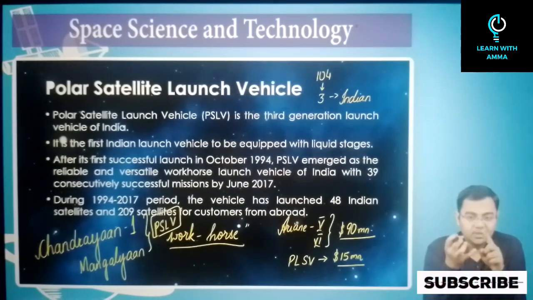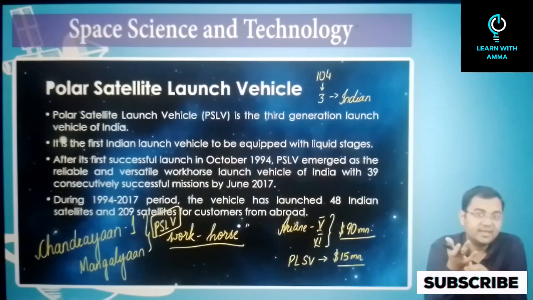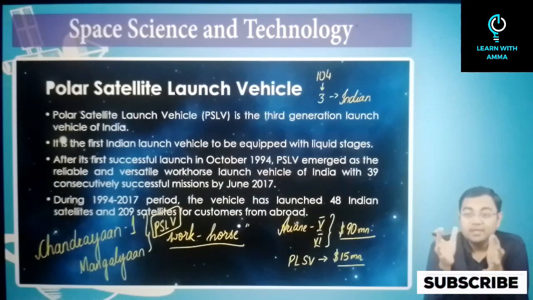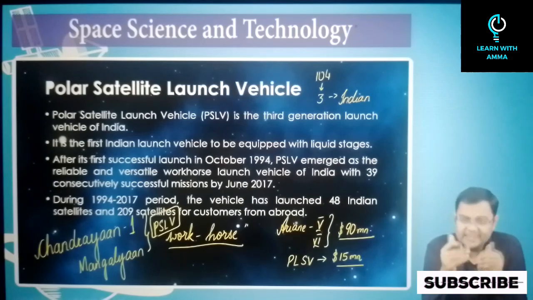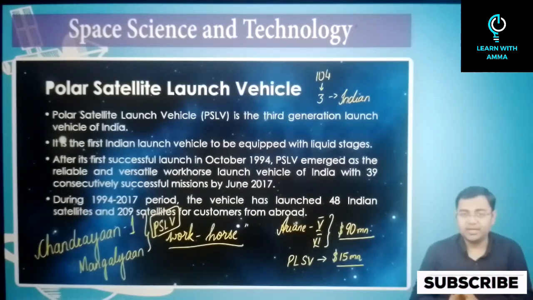Where will we use PSLV? One, when you have an Earth observation satellite or a remote sensing satellite being launched, then you will use PSLV. Then in some cases where we are going beyond the polar orbit, but the satellite weight is not very high, let's say in the range of 1000 to 1500 kg, less than 1500 kg most of the times, then there is a possibility that we can use PSLV.